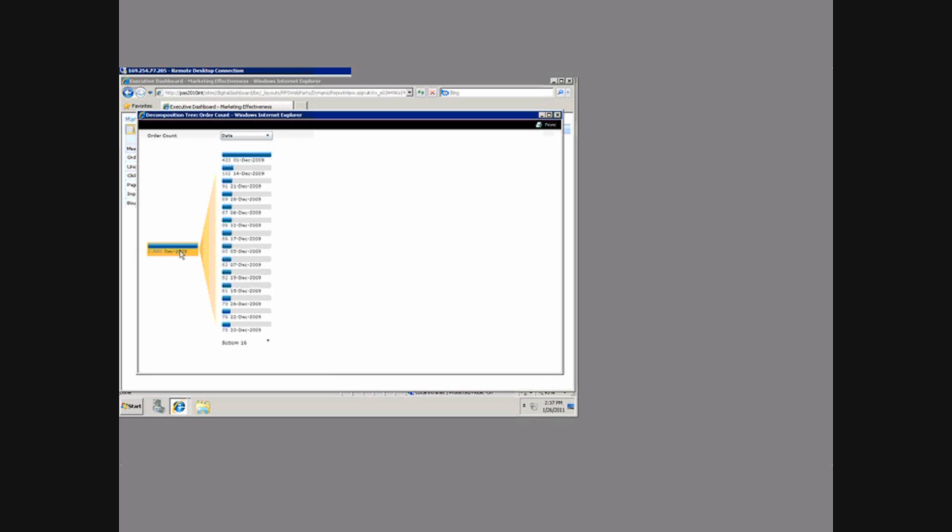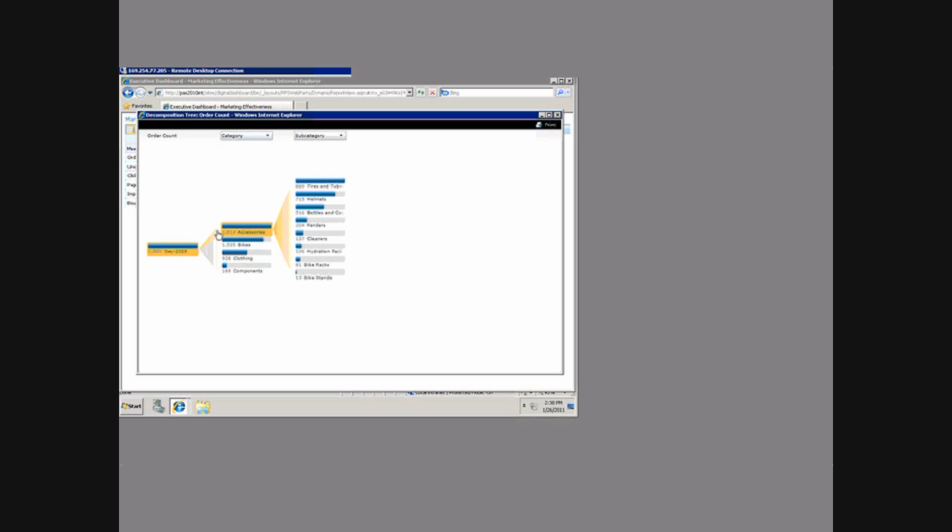But let's say instead of date, I want to break these out by product. So I can break out the product categories. And I can see that the campaign I was running drove 1,800 accessories purchases, 1,500 bikes, about 1,000 clothing, and 150 components.